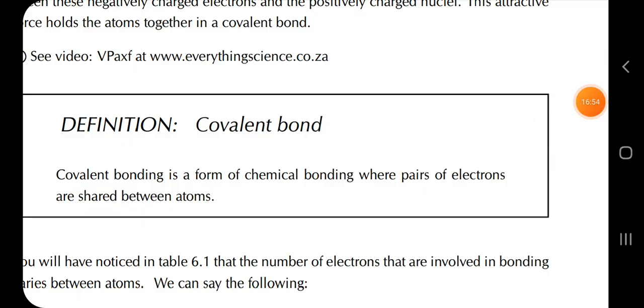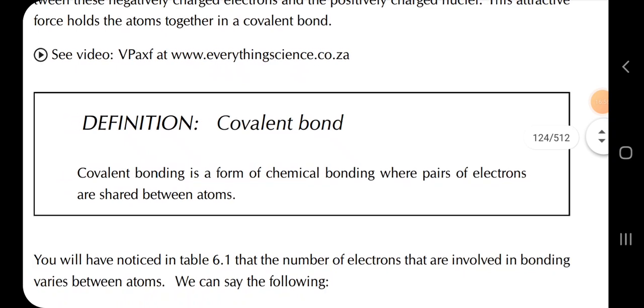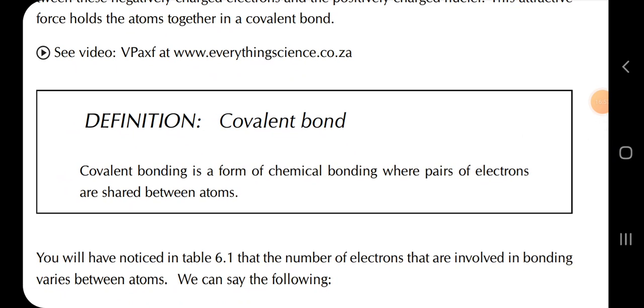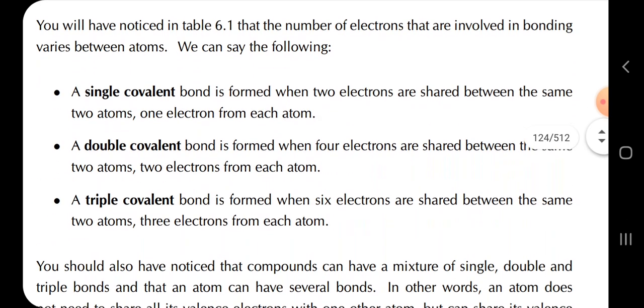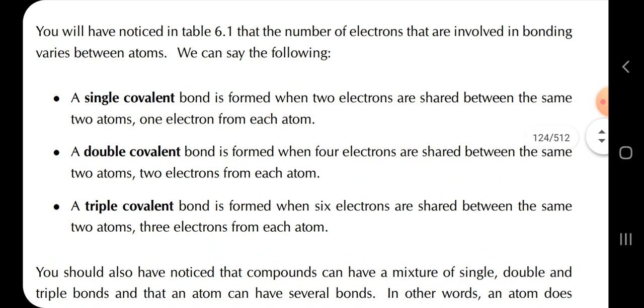So that is a covalent bond, and a covalent bond is a form of chemical bonding where pairs of electrons are shared between atoms. And then we have a single covalent bond, as I've shown you, which is formed when 2 electrons are shared between the same 2 atoms, 1 electron from each atom. And then a double covalent bond is formed when 4 electrons are shared between the same 2 atoms.